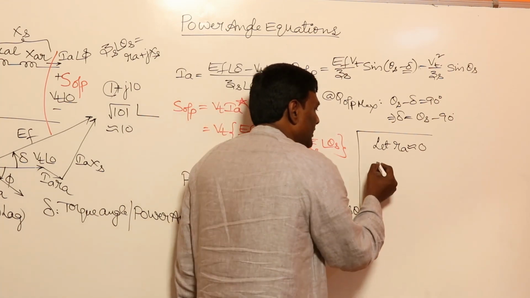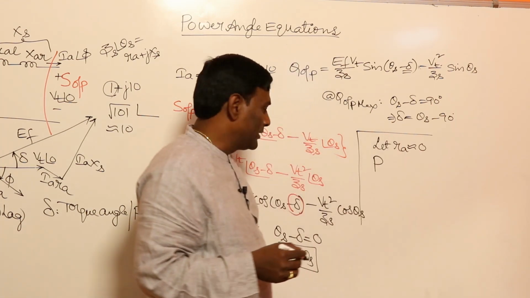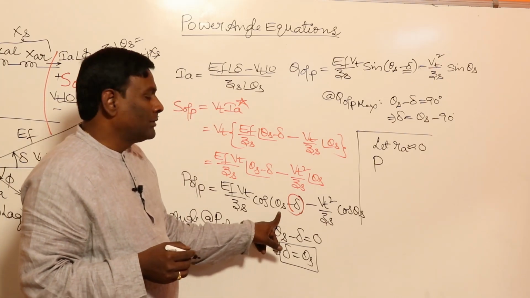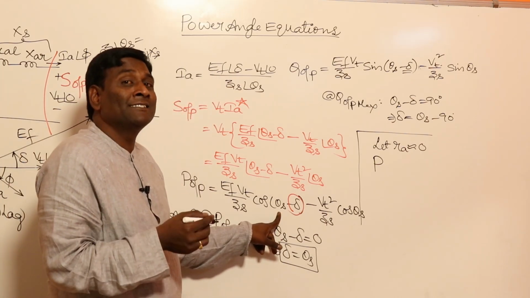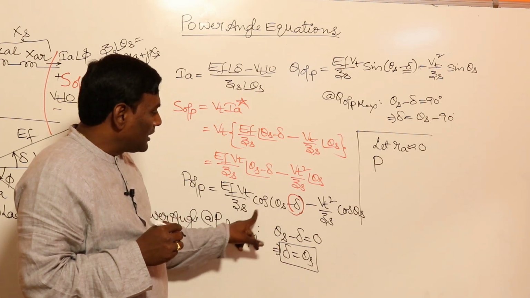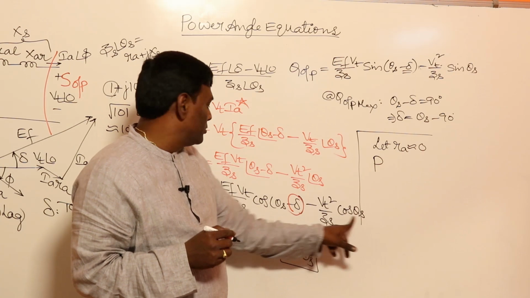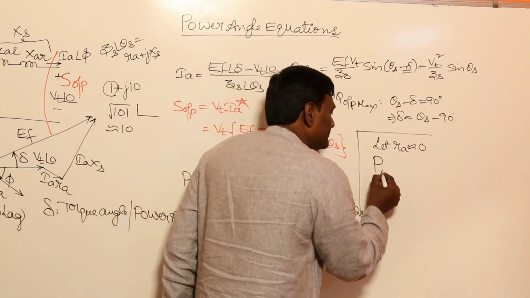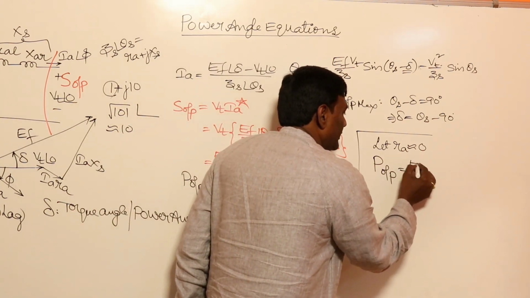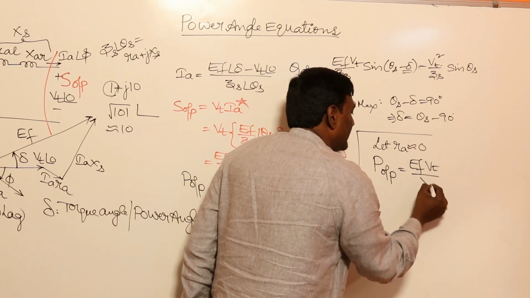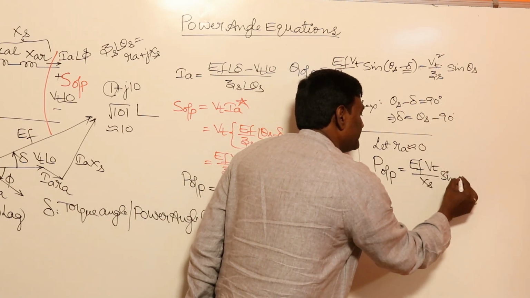Under that condition, if I think of P, RA is 0, which means theta S is going to be 90. So cos(90 minus delta) is going to be sin delta, and cos 90 is going to be 0. So P output is going to be EF Vt by XS sin delta.